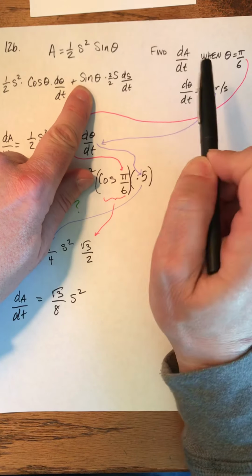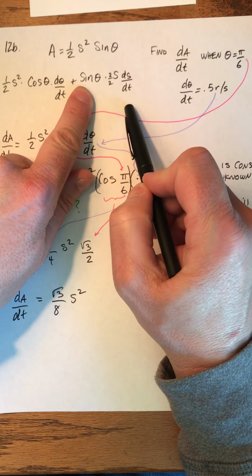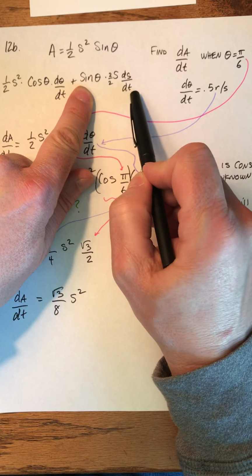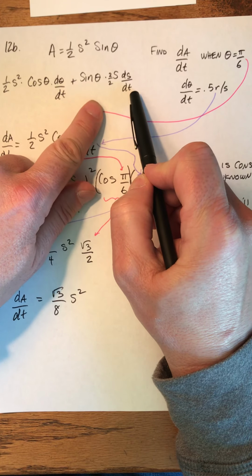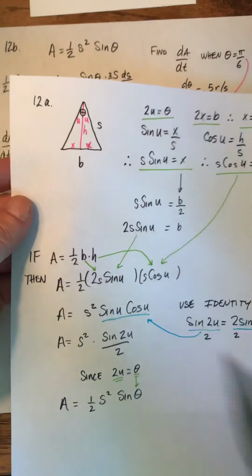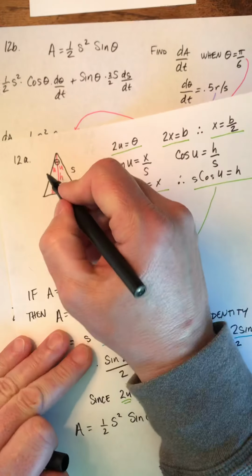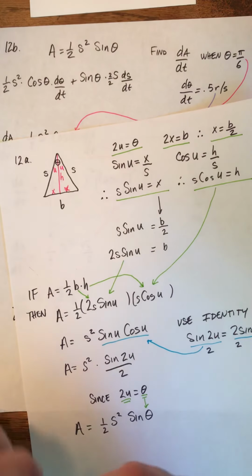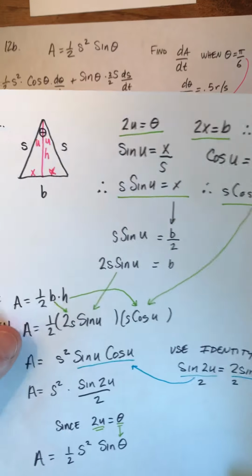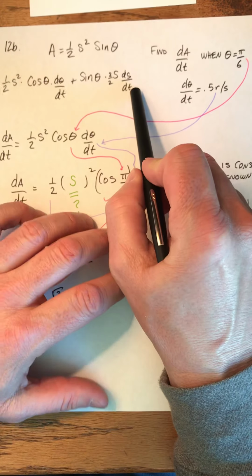And then when we go to plug our variables in, we notice that there is no ds/dt because the side S in that triangle is not changing. Take a look at the picture again. The side is not changing. It stays that length, both of these. And they say it's isosceles, so both of these are S's. They're not changing. So therefore, ds/dt comes out to be 0.